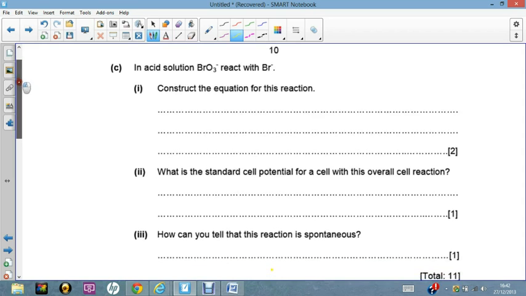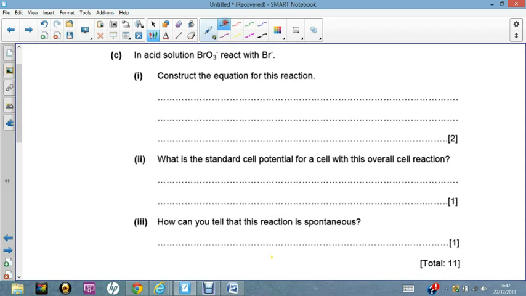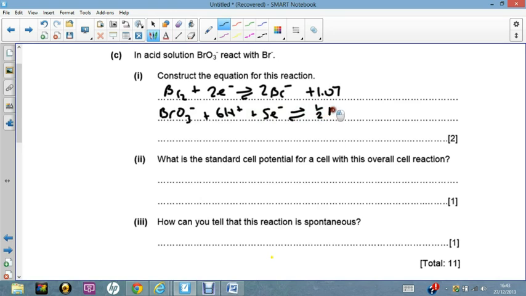Part C is asking me to combine 2 equations. So the 2 relevant equations from the previous page are these, and this one. Okay, so they are the 2 half equations that I'm dealing with.